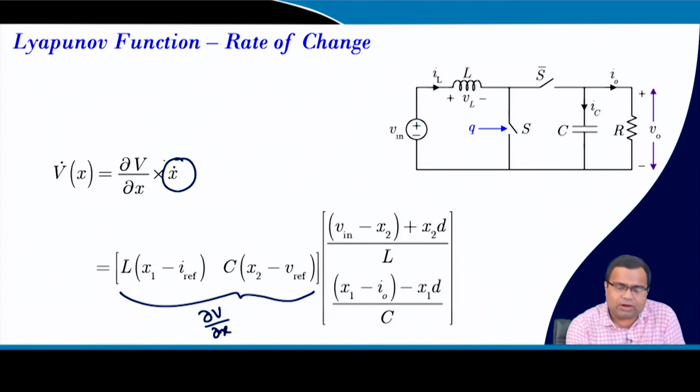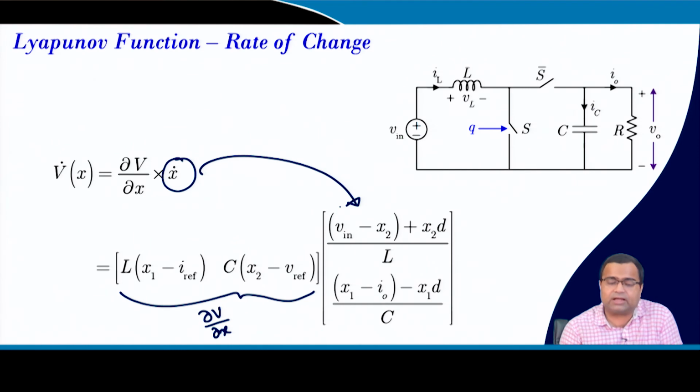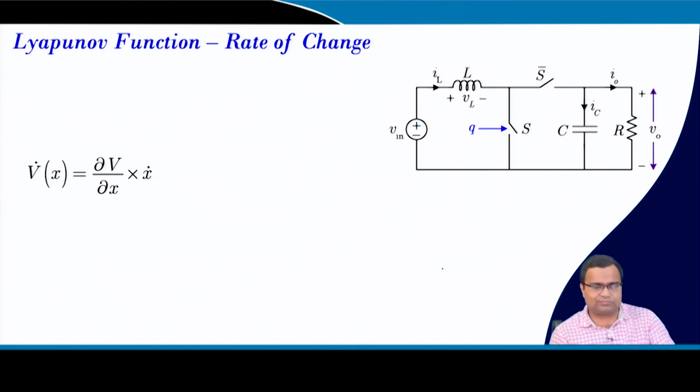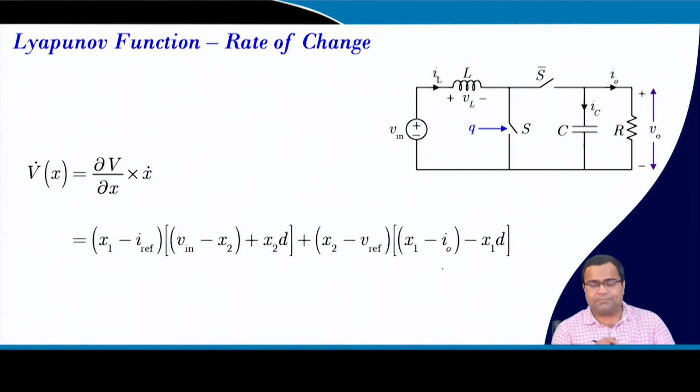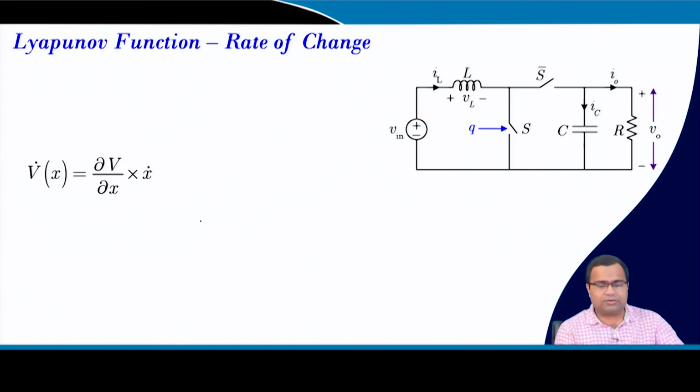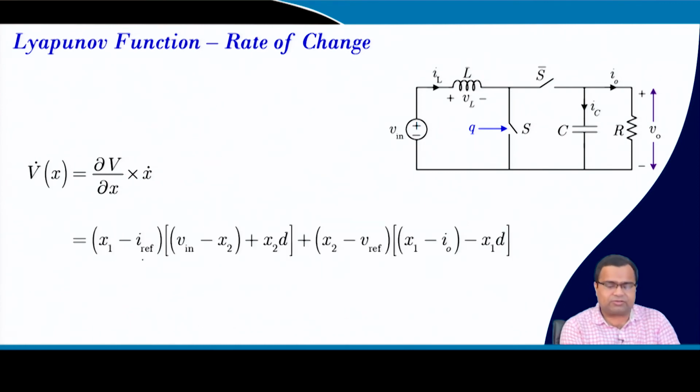Then what about x dot? It is nothing but this, because this is a 2 cross 1 and this is a 1 cross 2, right? This is coming from the state space representation, the dynamical equation, which we have already discussed. Next, if we simplify this multiplication, after simplification we get x1 minus I ref into this, x2 minus V ref into this.